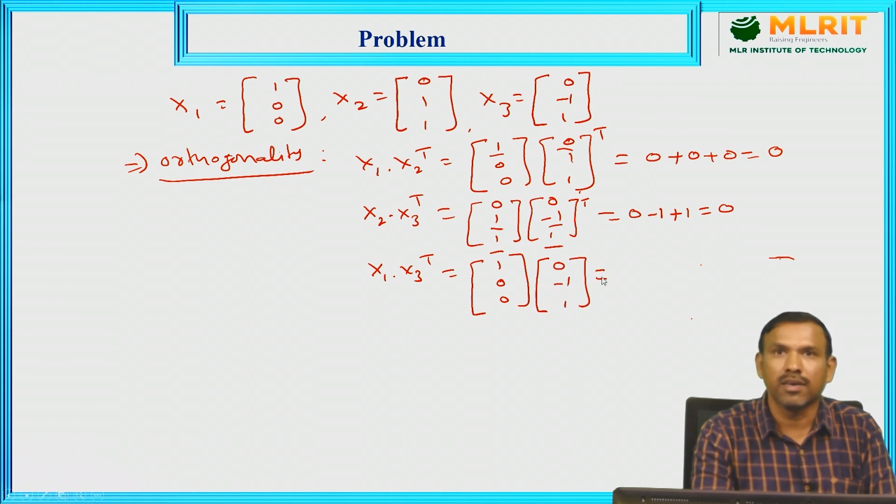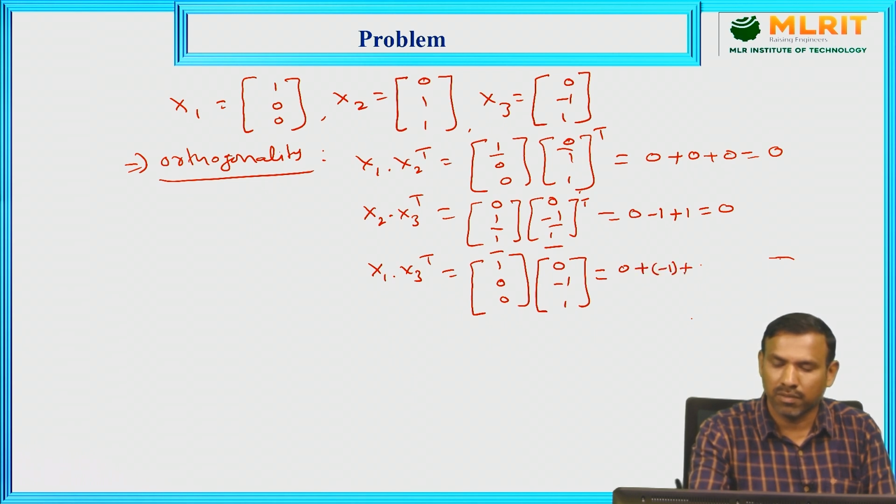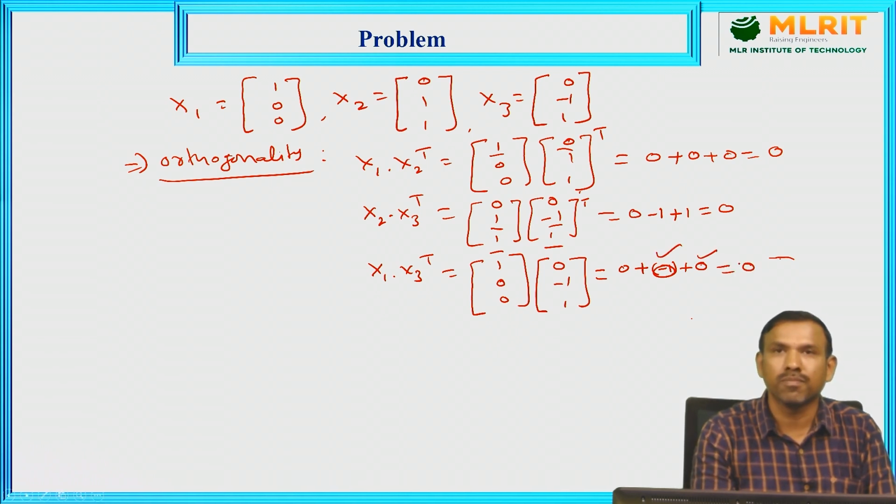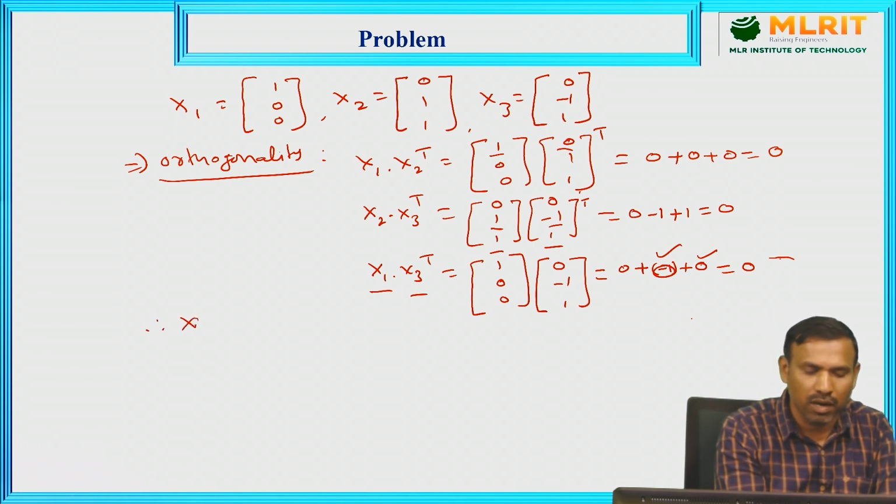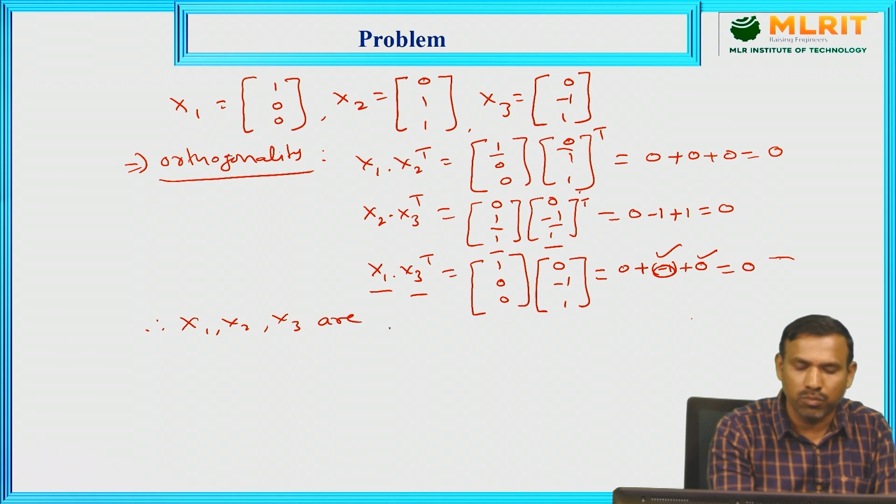Multiplying: 1 into 0, 0 into -1, 0 into 1, the total is 0, so x1 and x3 are also orthogonal. Hence, we can conclude x1, x2, x3 are mutually orthogonal.